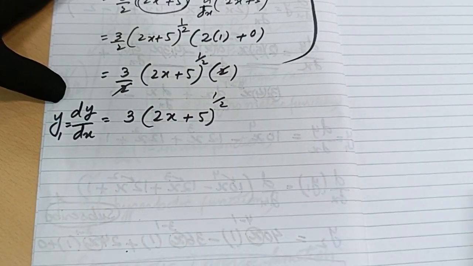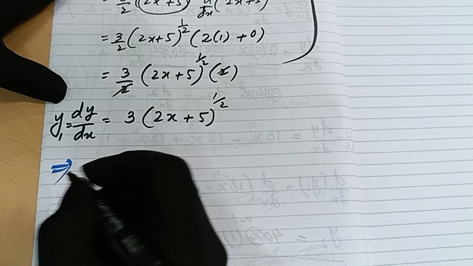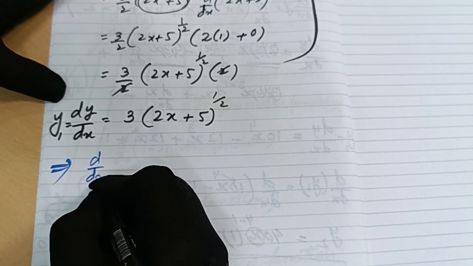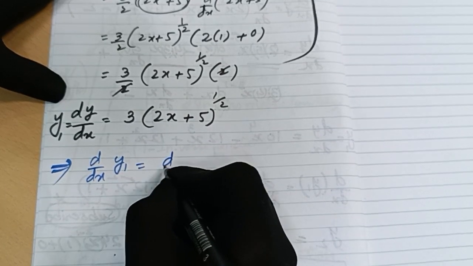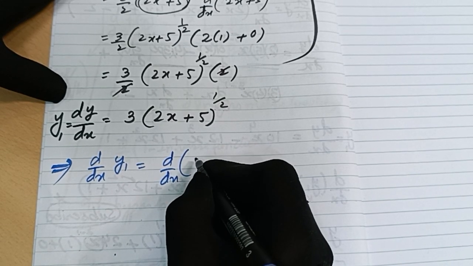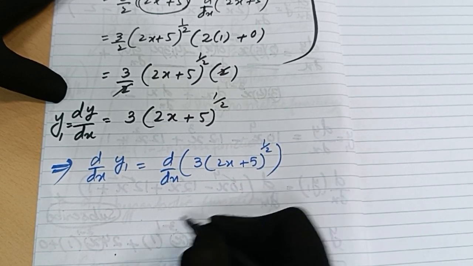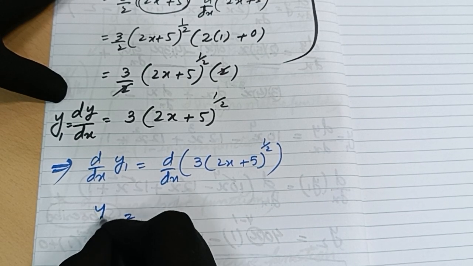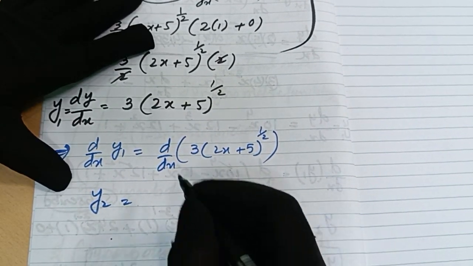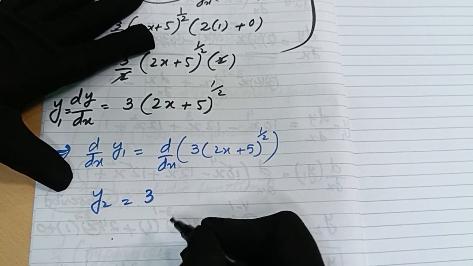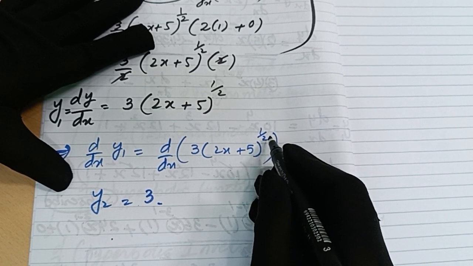Now what I will do is take the derivative again, dy by dx, d by dx of y1, that is 3 times (2x plus 5) with the power 1 by 2. Y1 will change to y2, the second derivative, and this coefficient will come in the start. Here we will apply the power rule.